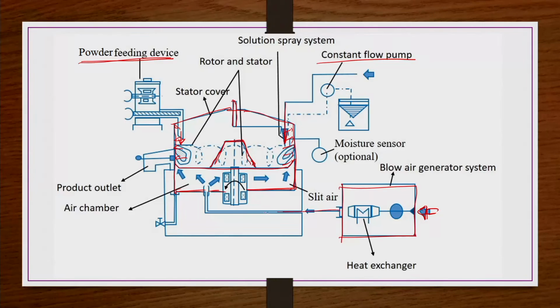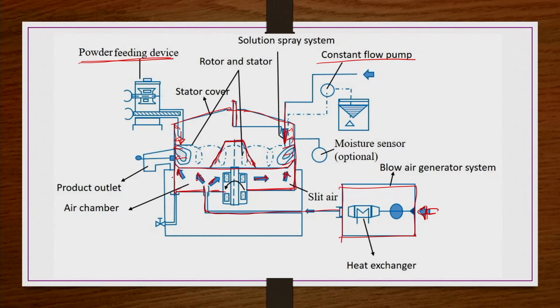That heated air is sent to this slit and enters the regions where the drying takes place, heating up the centrifugation device, so that whatever granule material is there can be dried, right.